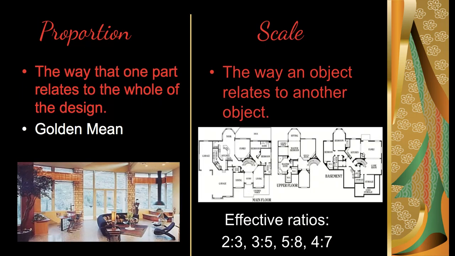Proportion is the way that one part of an object or a section of design that you're looking at relates to the whole of the design or the object. Please note, for proportion, you usually draw a mental line and you compare part with the rest.